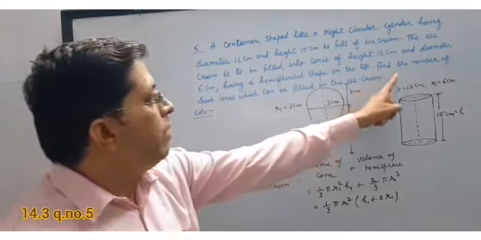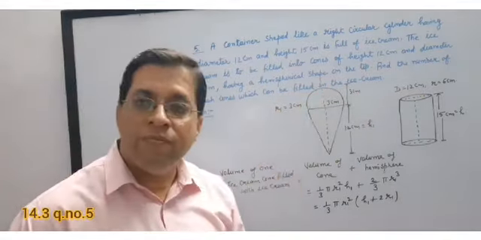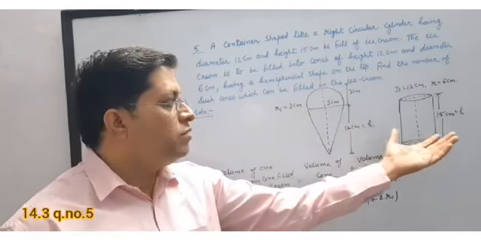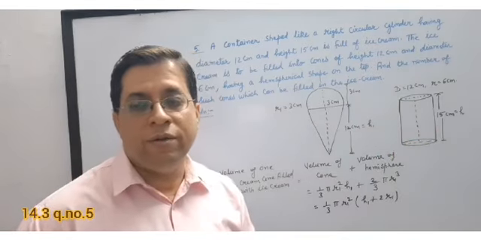Now find the number of such cones which can be filled with the ice cream. You have to find how many cones you can get from the amount of ice cream filled into the cylinder.